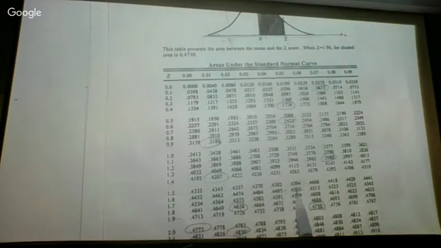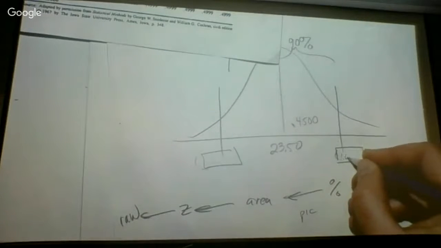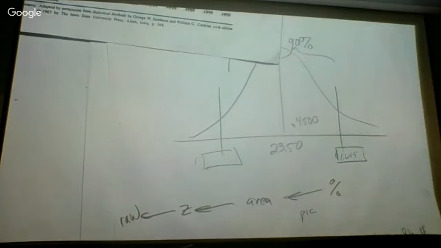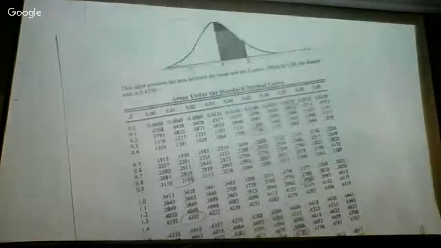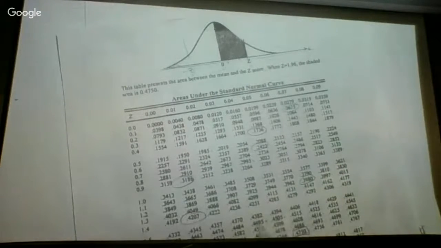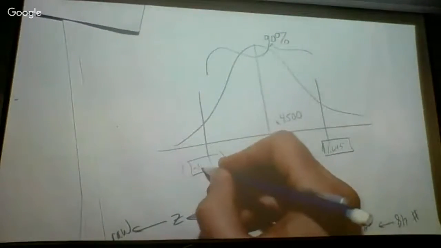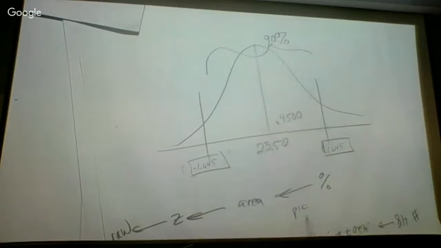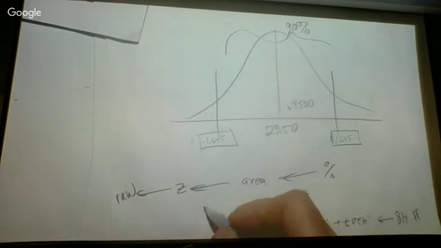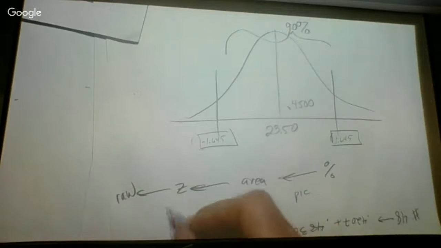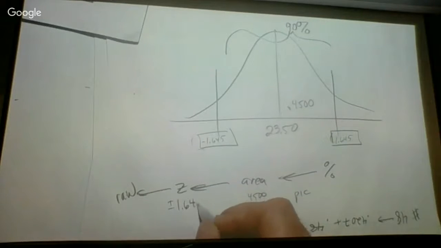You could choose 1.64, you could choose 1.65, or in this case, 1.645 is the correct choice. Halfway between those two, the special point in the distribution. So now I've worked from those areas of 0.4500 to z-scores, so plus or minus 1.645.